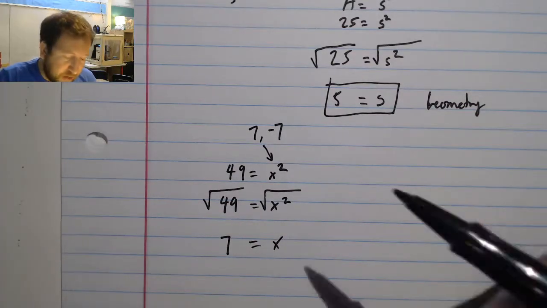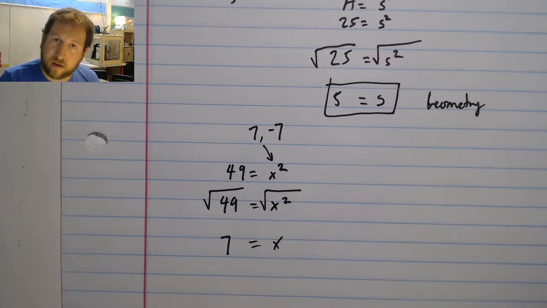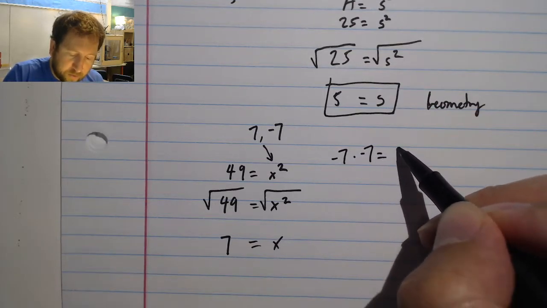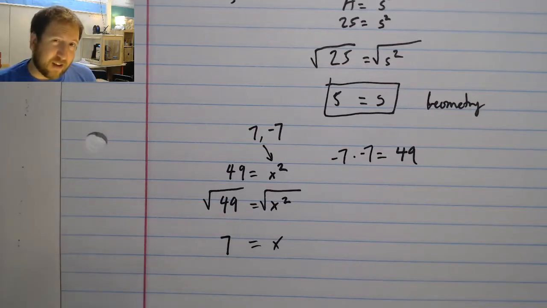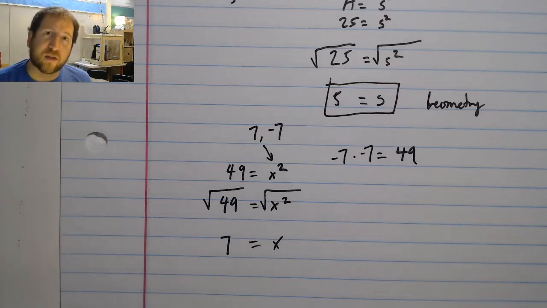Negative 7 also satisfies the requirements, because if I put negative 7 into this squared, negative 7 times negative 7, negative times negative is a positive, equals 49. So what's interesting is whenever I start with a squared number and I work backwards to get to what I originally started with, I'll always have two roots.